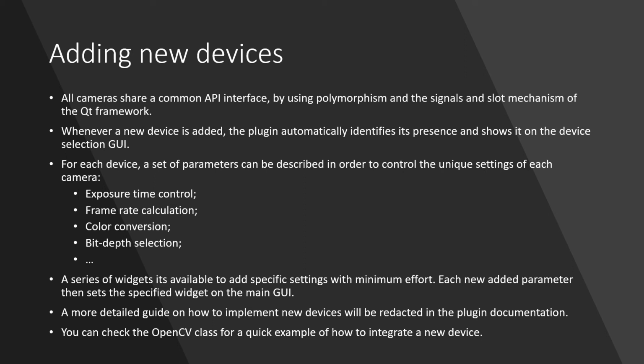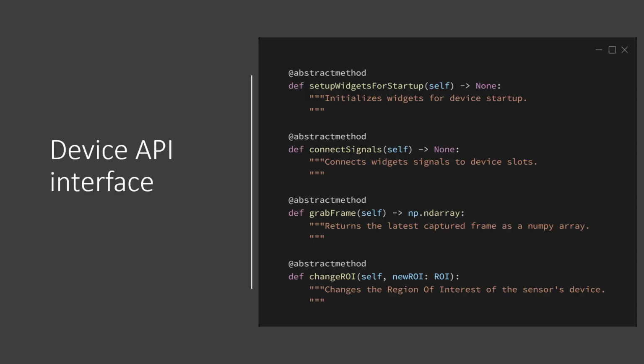But as a reference, you can also check the OpenCV class implementation for a quick example on how to integrate new devices. This is a listing of the APIs needed to integrate a new device. And as we can see, we have 4 main methods. One for setting up the widgets of the specific camera at startup.